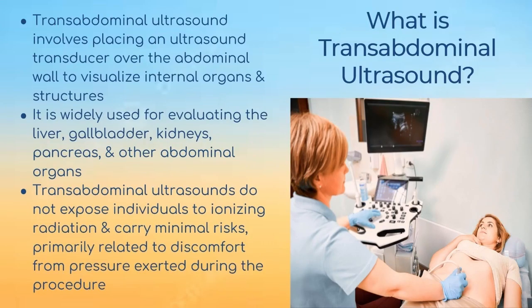So what is it? Transabdominal ultrasound involves placing an ultrasound transducer over the abdominal wall to visualize internal organs and structures. It's widely used for evaluating the liver, gallbladder, kidneys, pancreas, and other abdominal organs. Transabdominal ultrasounds do not expose individuals to ionizing radiation and carry minimal risks, primarily related to discomfort from pressure exerted during the procedure.